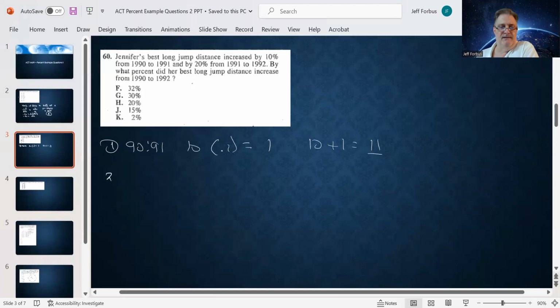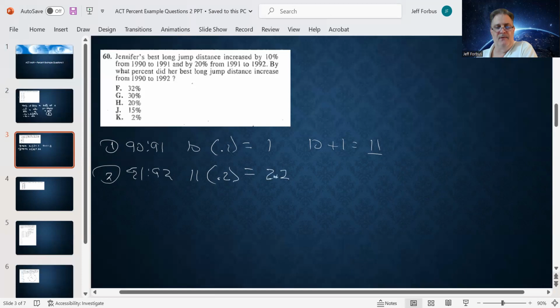Now, second, from 91 to 92, it says there was an increase of 20%. Okay, so we're going to take the 11 and we're going to multiply by 0.2. And that's going to be 2.2.